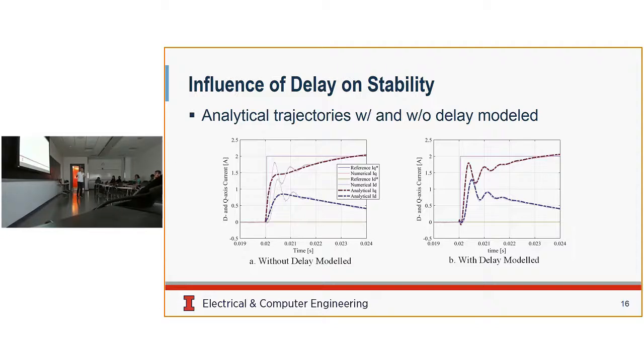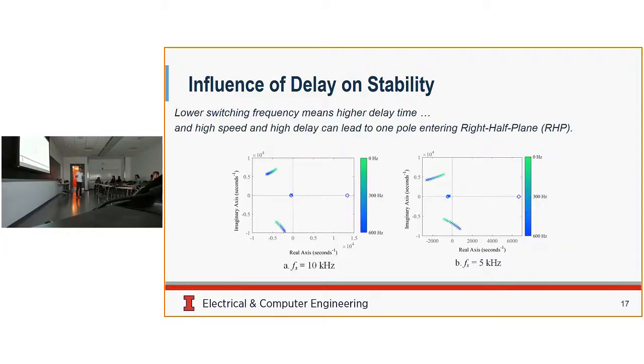And when the delay is modeled, these curves are almost on top of each other because the delay effect is captured. With the delay captured, we see that the Padé approximation function adds a 1 zero and a 1 pole into the system transfer function, and this is actually the pole introduced by the delay.